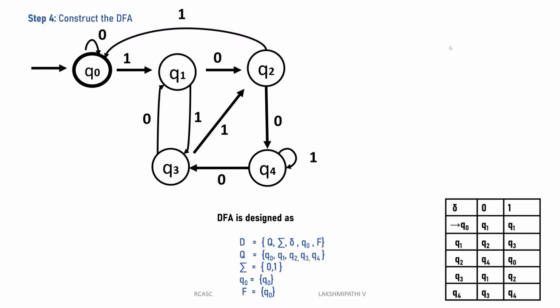The states are q0, q1, q2, q3, q4. q0 is the starting state and also the final state. q0 of 0 is q0, q0 of 1 is q1, q1 of 0 is q2, q1 of 1 is q3, q2 of 0 is q4, q2 of 1 is q0, q3 of 0 is q1, q3 of 1 is q2, q4 of 0 is q3, q4 of 1 is q4. See, this is the way we can go about solving the modulo problem.